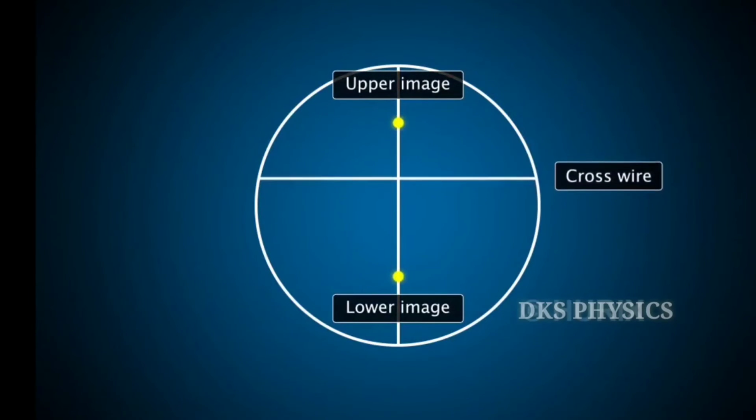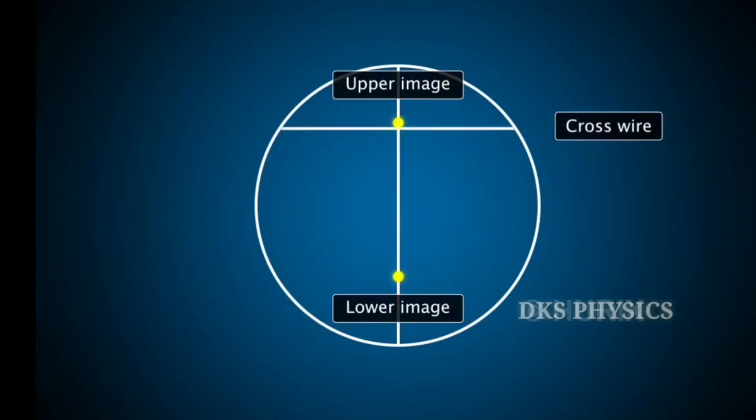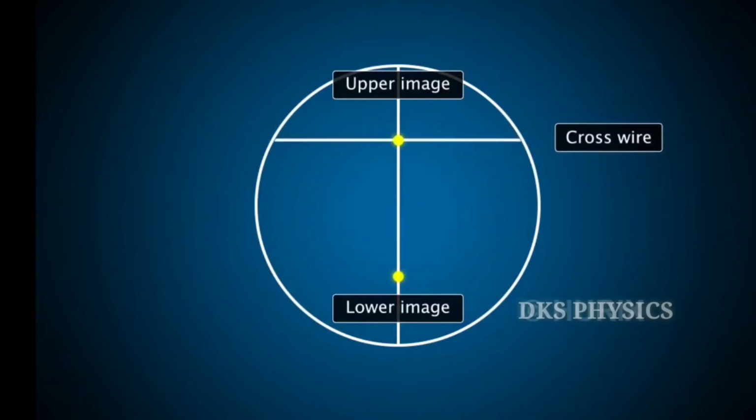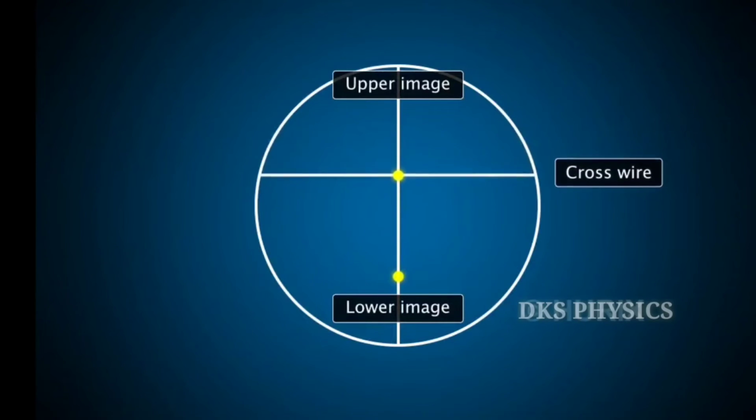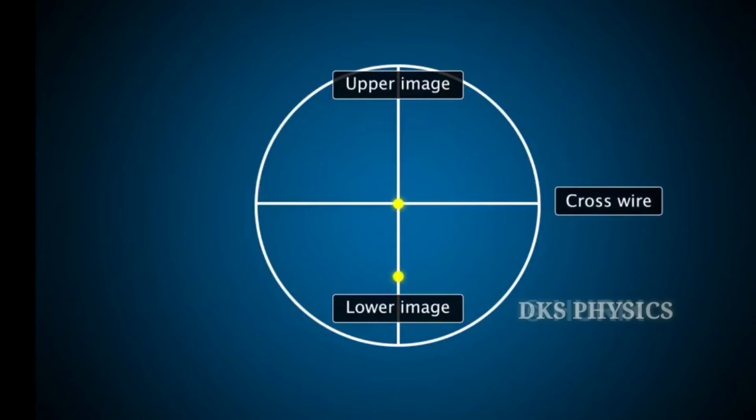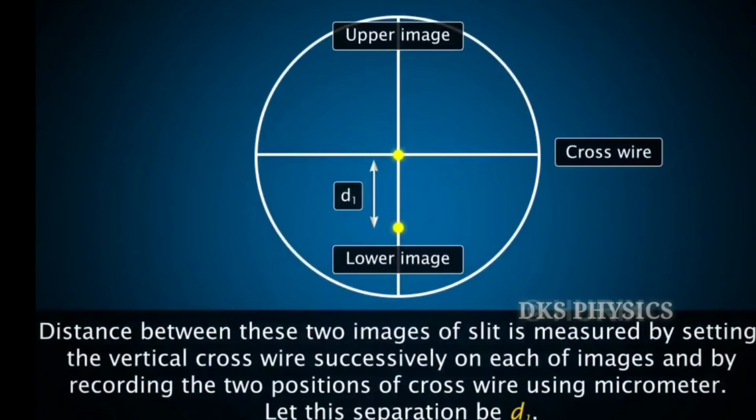The lens is moved along the length of the bench to a position where two images of the slit are seen in the plane of the cross wires of the eyepiece. The distance between these two images of the slit is measured by setting the vertical cross wire successively on each of the images and recording the two positions of the cross wire using the micrometer. Let this separation be D1.